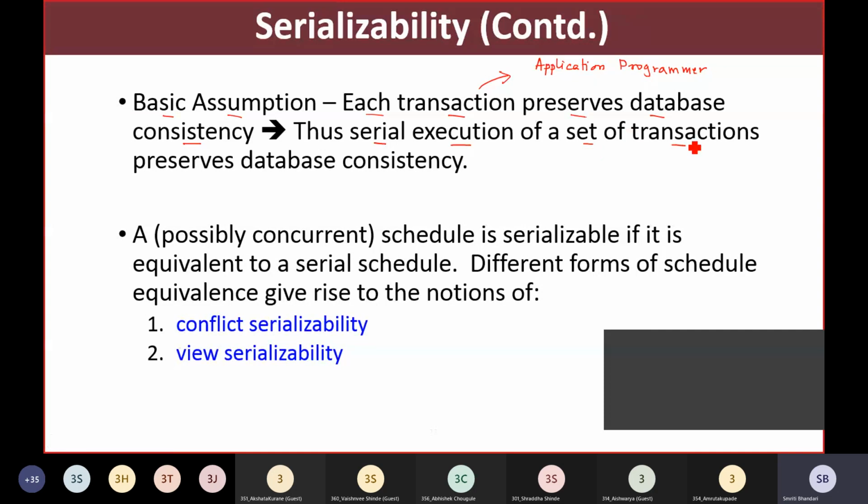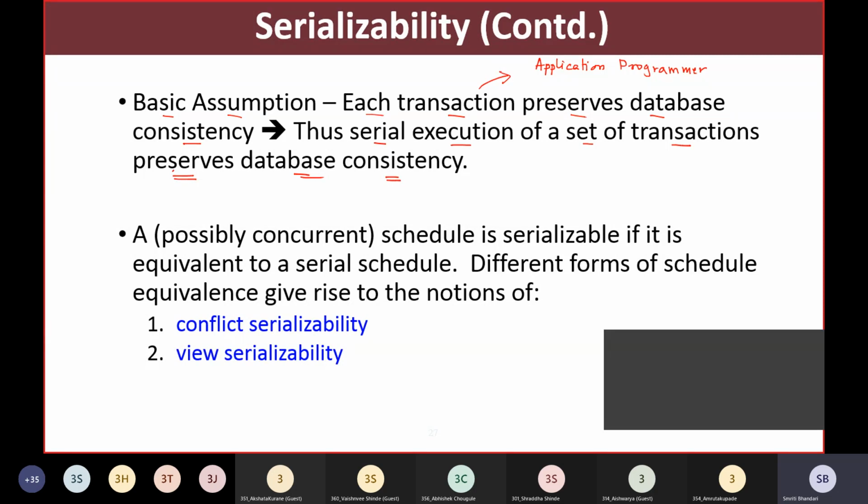So if every transaction is preserving the database consistency, then obviously the serial execution of a set of transactions must preserve the database consistency. Do you agree with me? Yes, ma'am.